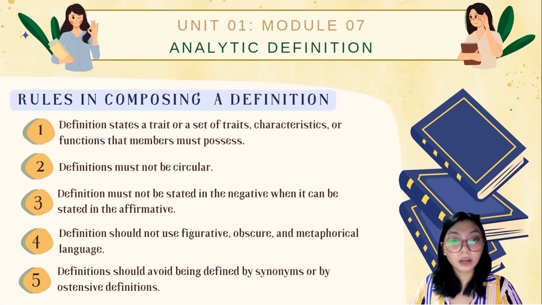For instance, love is never having to say you're sorry, or beauty is in the eye of the beholder. These may be poetic, but they are uninformative. And finally, avoid defining by synonyms as said previously or by ostensive definitions. These are incomplete as well as misleading techniques.